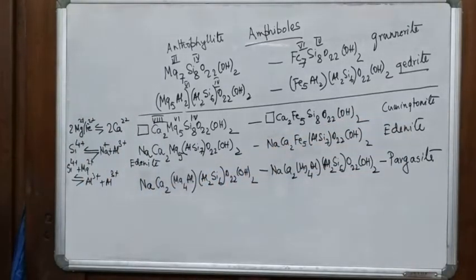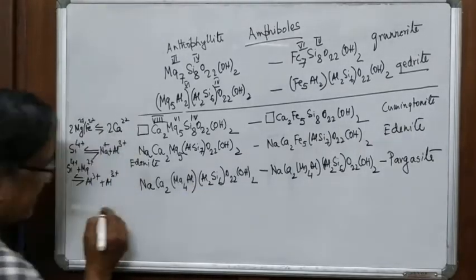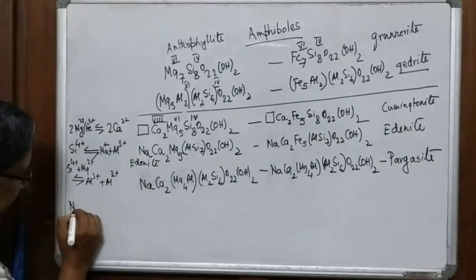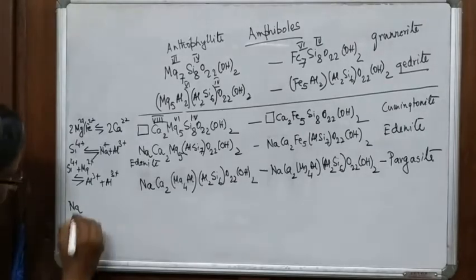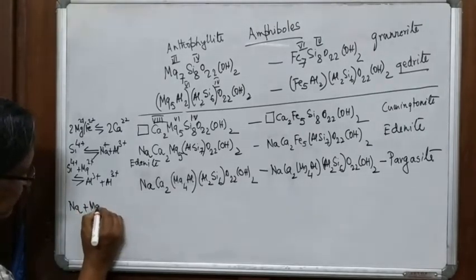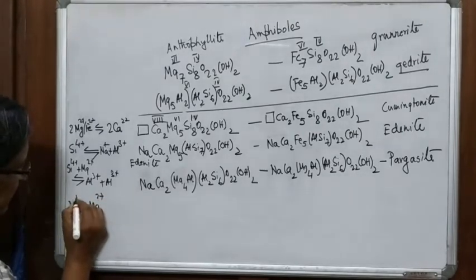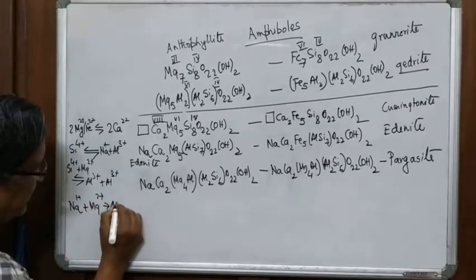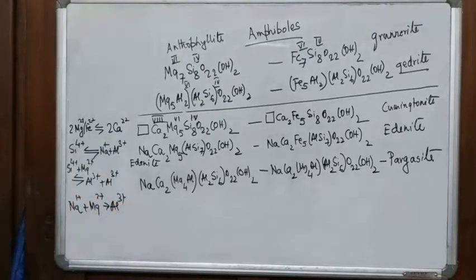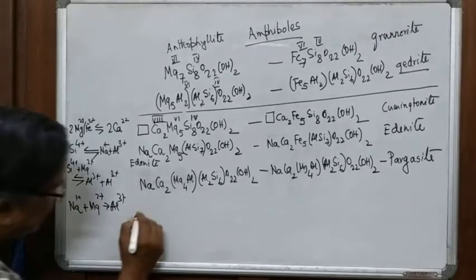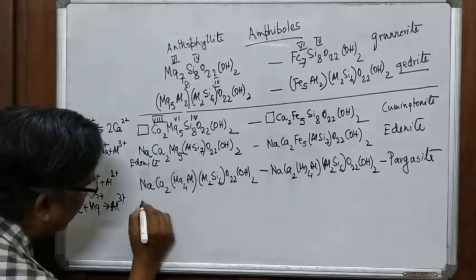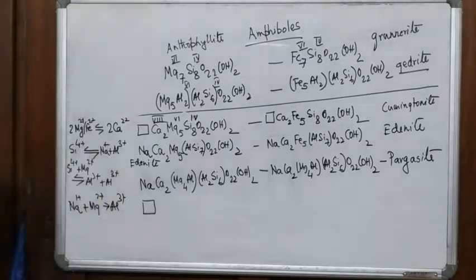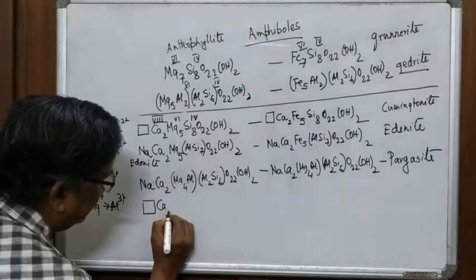One more substitution occurs. Now this is slightly different. You take Na plus Mg, mark my words here, and replace it by Al3+. Right? So you have Na taken off, so you get it back to your blank. Ca2, nothing happens with it.